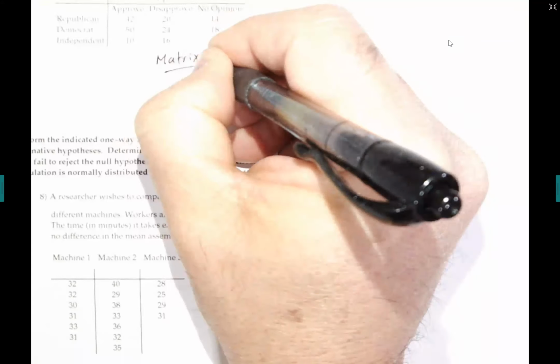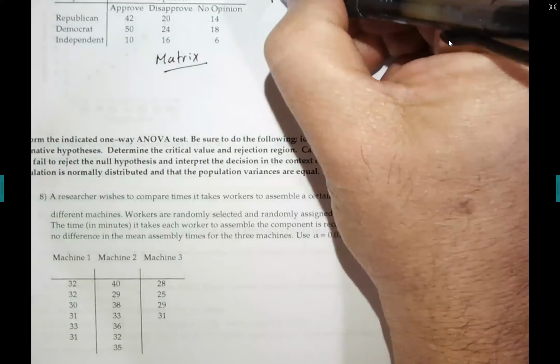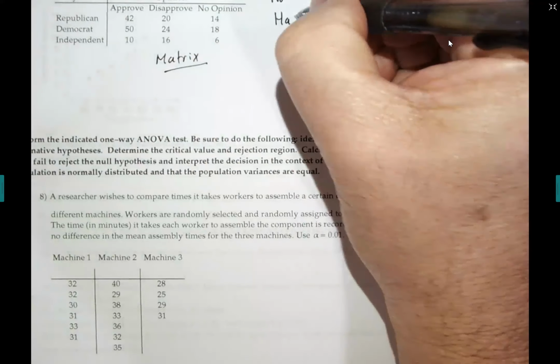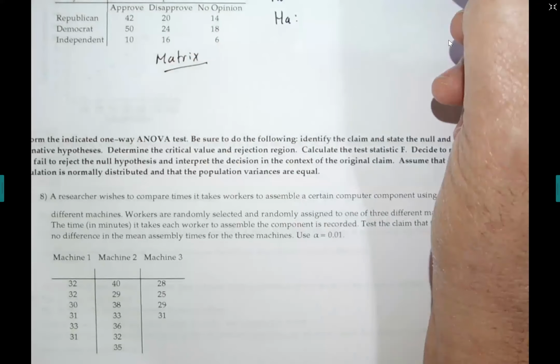And if you forget, you can go back to this video or other videos and play the last 10 minutes of this video. First of all, let's put the null and the alternative hypothesis. So this is about opinion and party.